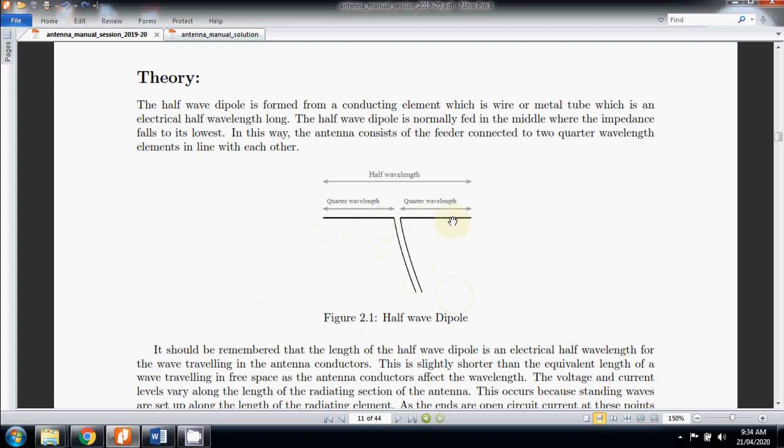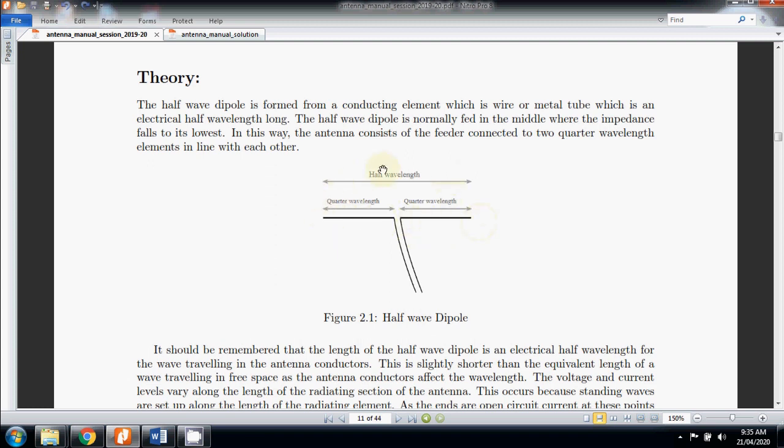A half-wave dipole is a balanced antenna which contains two similar metallic shapes that are connected to a balanced transmission line. Let's say this is a transmission line which is connected to an alternating supply. This positive line will go to one of the poles and the negative line will go to the other pole, and since this supply is balanced, it will have equal and opposite voltages.